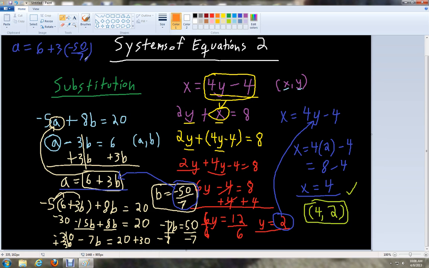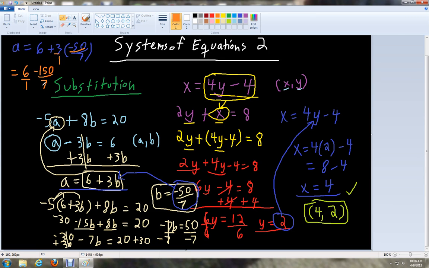So 3 times negative 50 is negative 150, over 1 times 7 is 7. So we'll have 6 minus 150 over 7. And this 6 is kind of like 6 over 1.